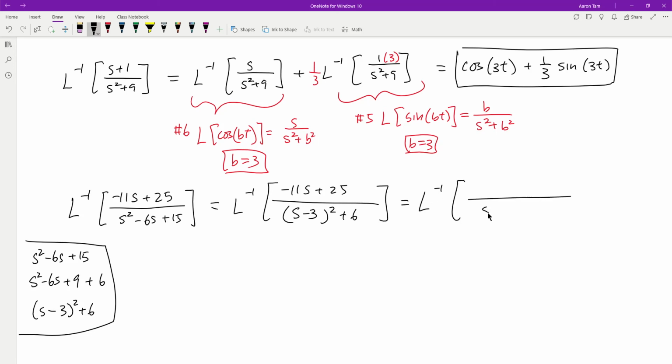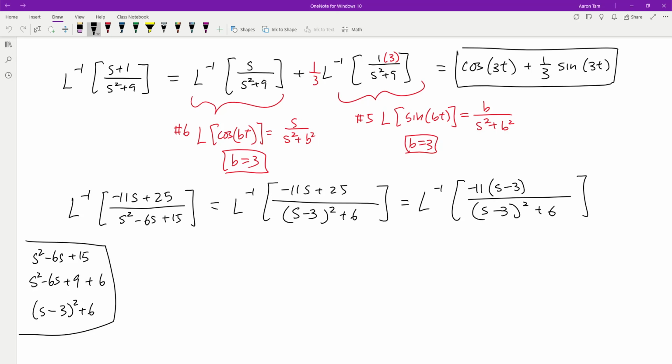So we know the bottom is s minus 3 squared plus 6. The top, what I need is this. I needed that so that I can have the s minus 3 match with the s minus 3 on the bottom to use rule number 16. And I also have to have the negative 11 because that's the coefficient in front of the s, so I'm kind of stuck with that. Now the problem is that I need to make sure it still works out.